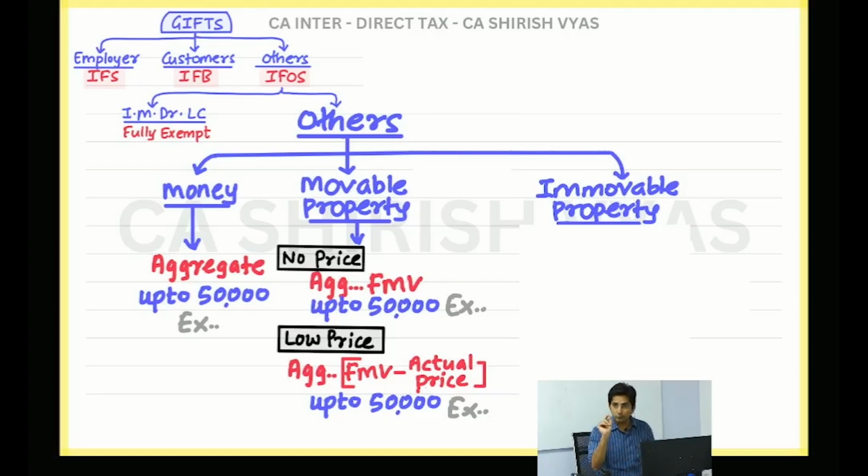I am asking one question about aggregation. Look, two persons gave me gold completely free, market value of say 20,000 from one person, 20,000 from the second person, and this 20,000 is a market value and totally free. Then two more persons are there.